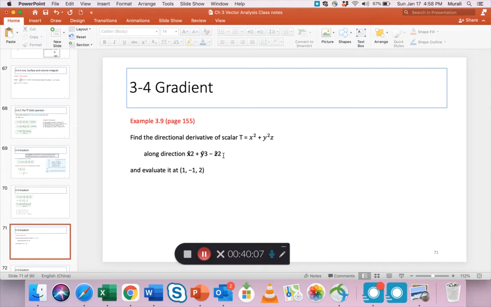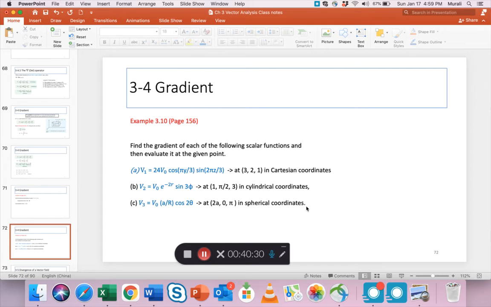So if you do that dot product, you come up with a value, an expression in x, y, z. Then we are given x, y, z a certain point, and if you put these coordinates, you get the value as minus 10 by root 17. So again, take some time, go through this problem and make sure you understand. It's simple calculations. I don't think we need to spend too much time on it.